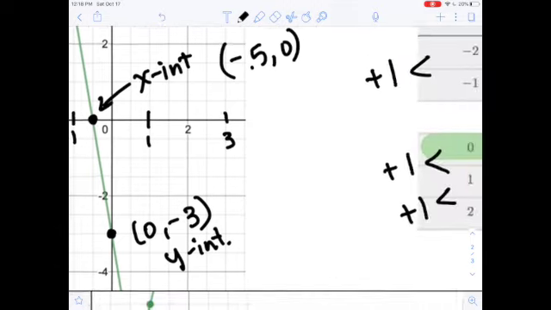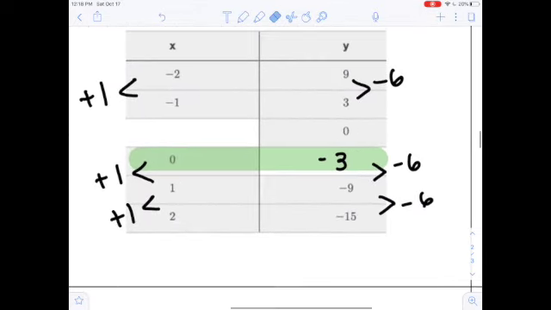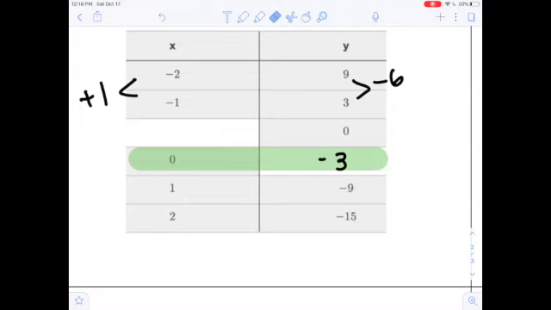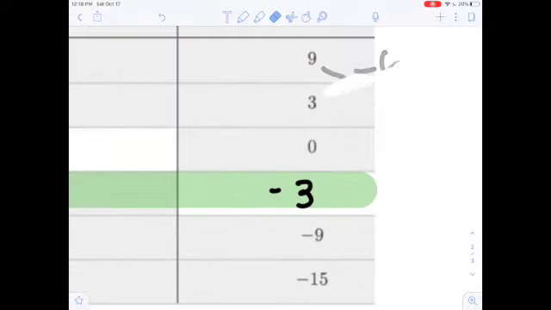So let's go ahead and take a look at our table. I'm going to get rid of these guys right here so that we can just take a look at our slope. If you look at just these points, going from here to here is how far?